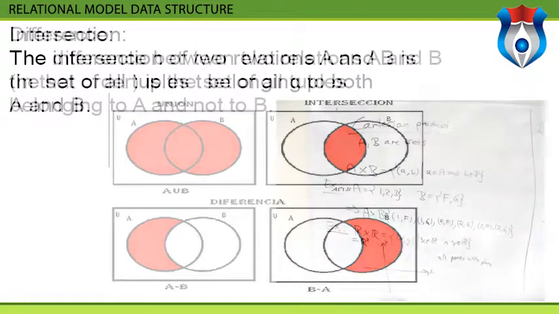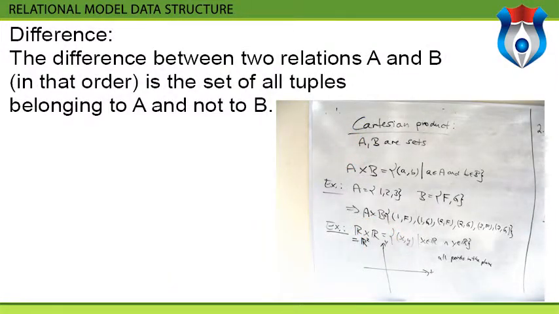The Cartesian product of two relations A and B is the set of all tuples T such that T is the concatenation of a tuple a belonging to A and a tuple b belonging to B. The concatenation of a tuple a equal to a1 to am and tuple b equal to bm+1 to bm+n, in that order, is the tuple t equal to a1 to am, bm+1 to bm+n.